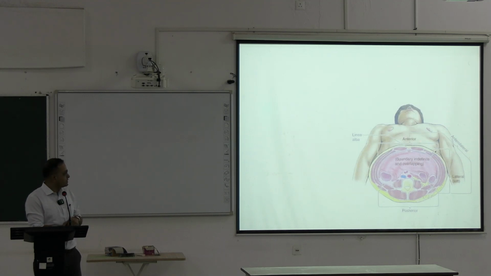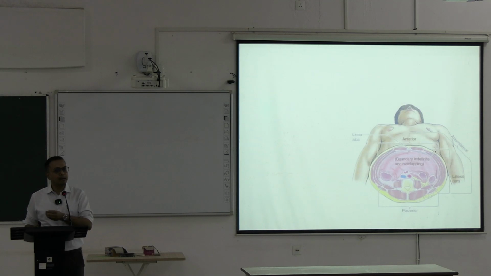The cavity you see here, once you split through the muscles of the anterior abdominal wall, is the abdominal cavity, and if you cut through the peritoneum, the parietal layer, you get into the cavity of the peritoneum, which we call the peritoneal cavity. As we progress with our classes, we will see that this peritoneal cavity has subdivisions. It can be divided in the abdomen into two segments, which we call the greater sac and the lesser sac.